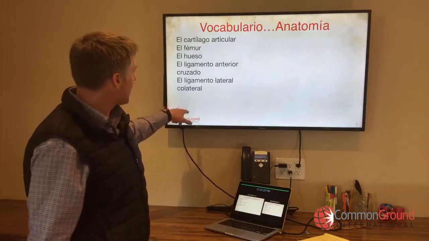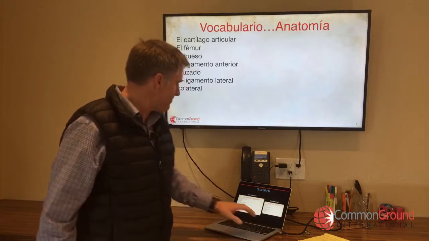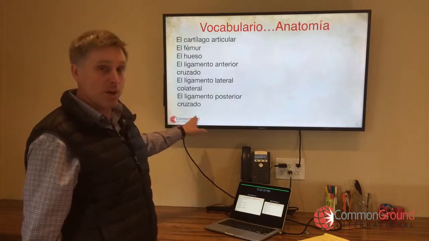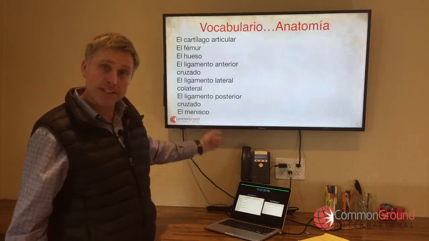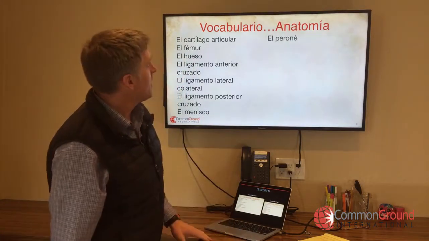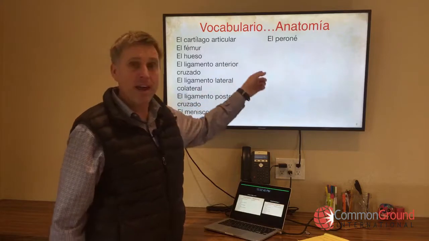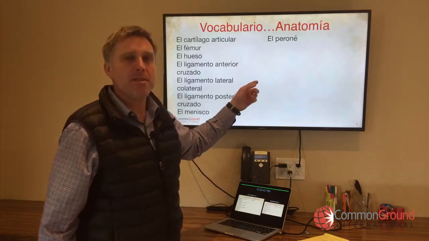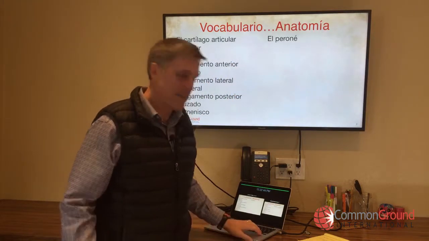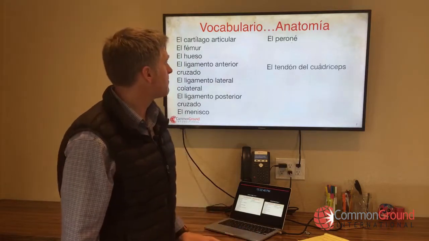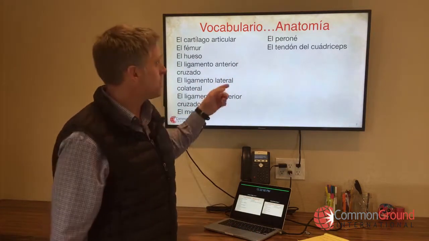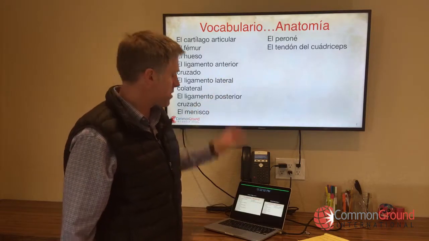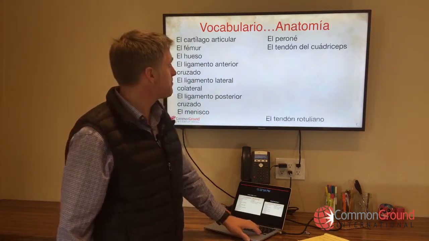El ligamento lateral colateral. Okay. Ligamento posterior cruzado. El meniscus, ¿verdad? El peroné. Peroné is fibula, ¿sí? El hueso en la pierna. El tendón del cuádriceps, so the quadriceps tendon.